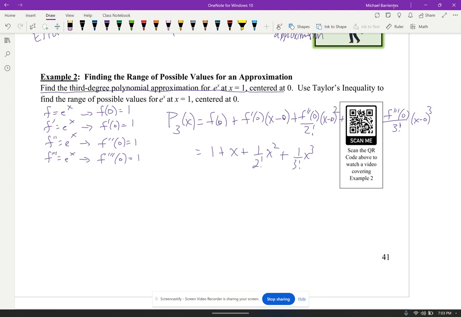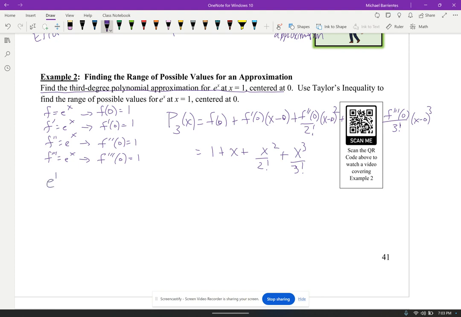Hey, would it be okay if I rewrote this as x squared over 2 factorial? That would make it look a little bit nicer. And if I rewrote this as x to the third over 3 factorial, haha. This is the third degree polynomial approximation for e to the x at x equals 1, centered at 0.